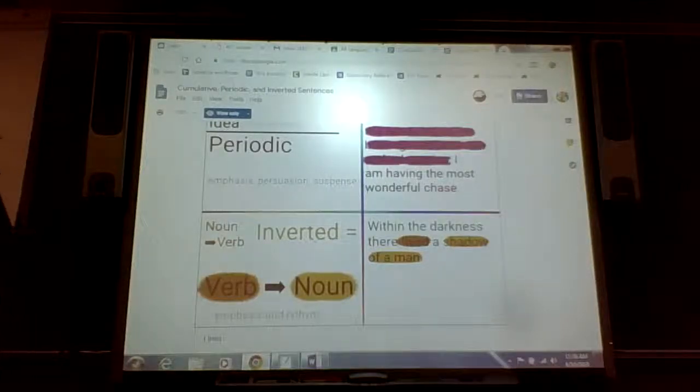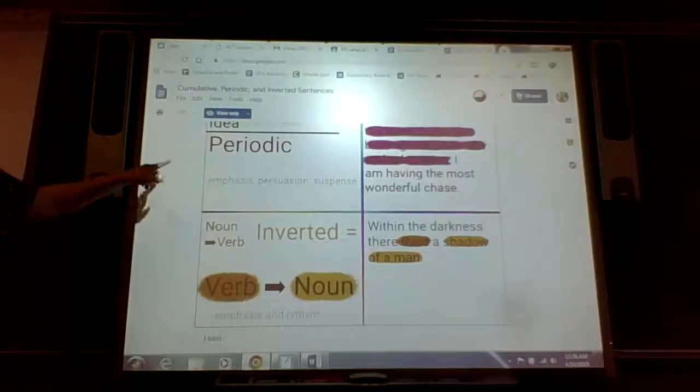And as a reader, when you come across a sentence like this, you're going to slow down. You have to slow down to understand the sentence a bit more. Now, how do these sentences work in conjunction with short, simple sentences, Mr. Schottler? These are long.